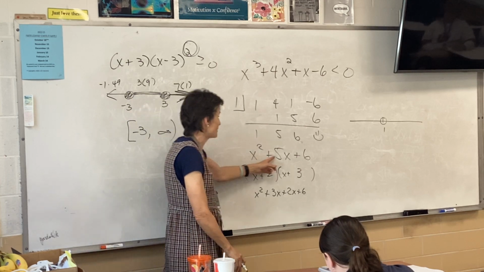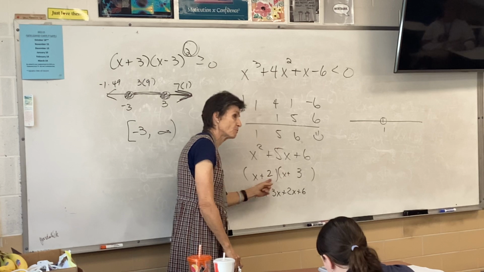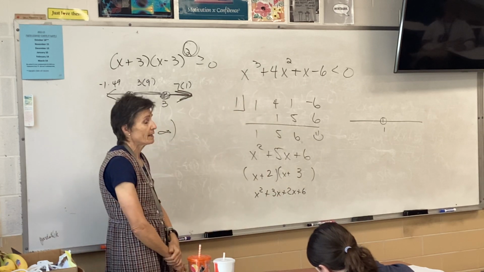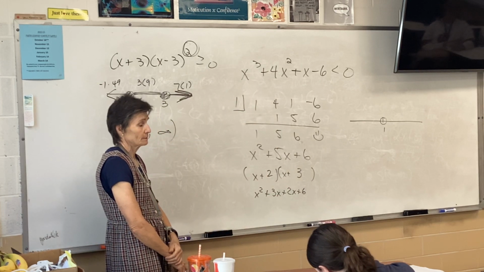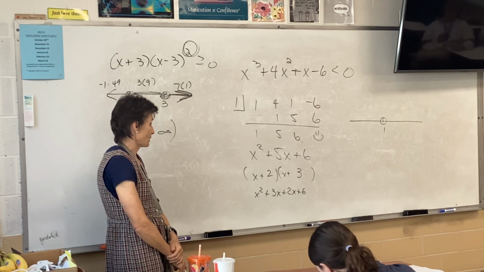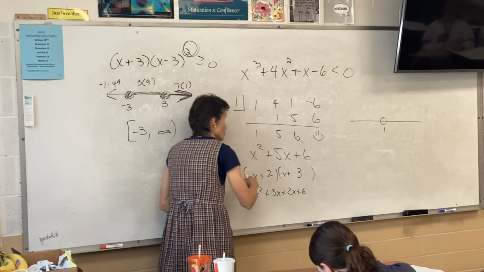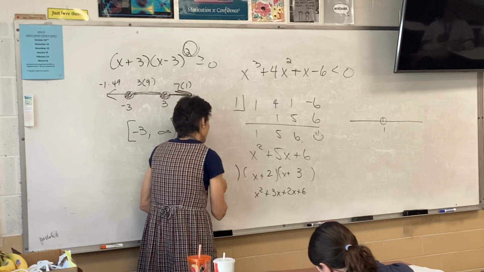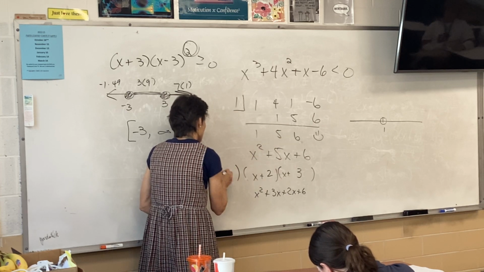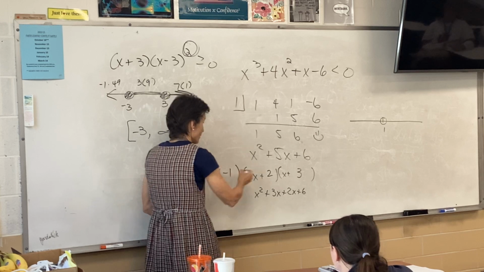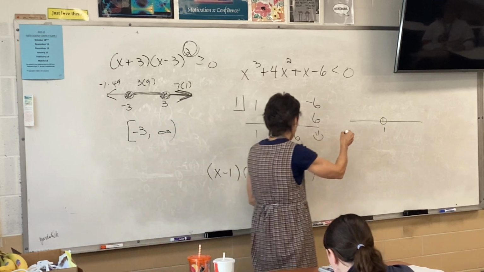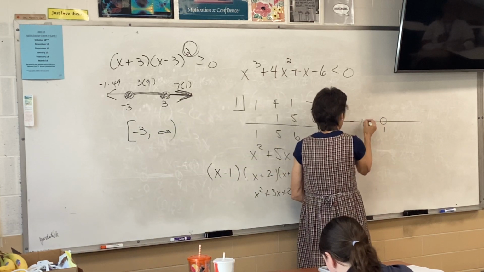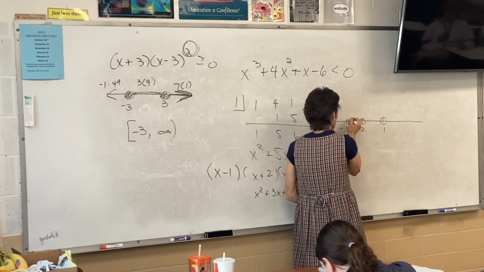There's no minuses in this problem. Please don't put any minuses in the factors. Can't have any negatives in this problem. So here are 2 of my factors. What's my third one? X minus 1. So here are my factors. My other 2 dots will be at -2 and -3.